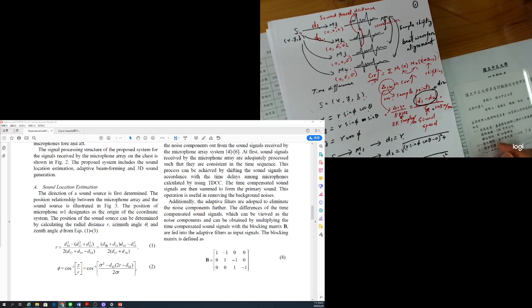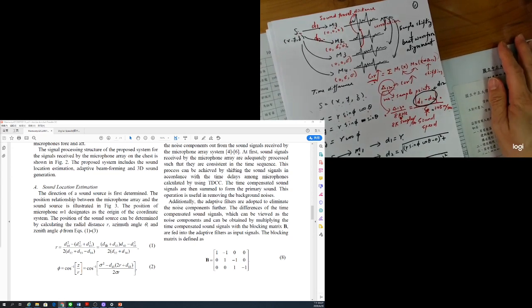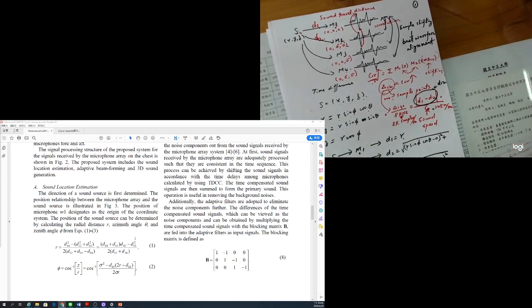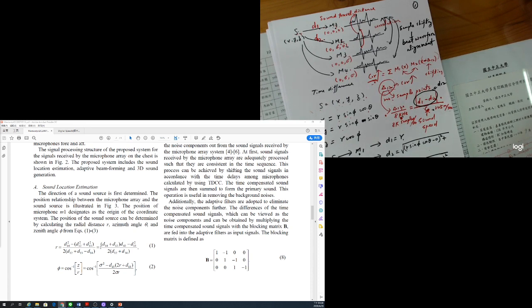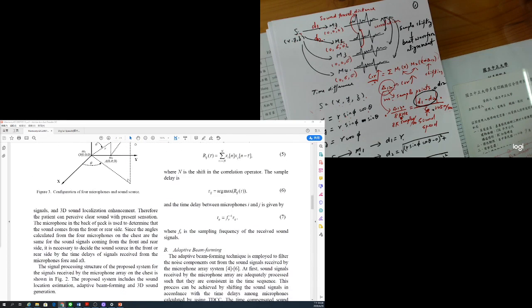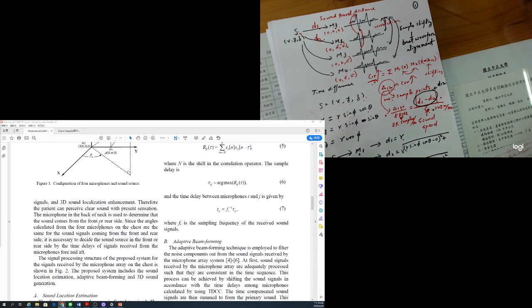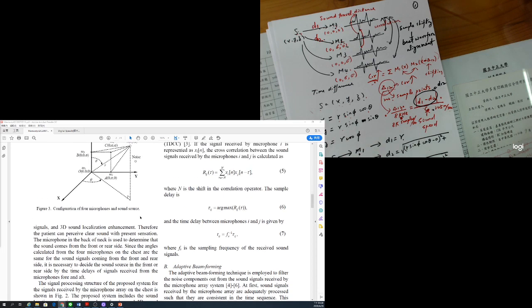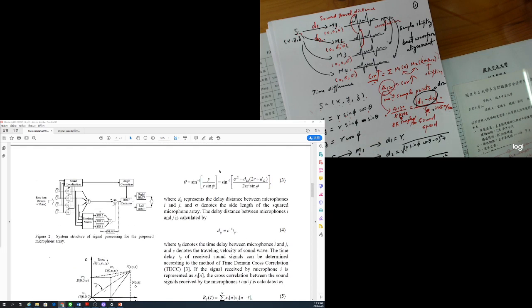However, some symbols could be plus or minus, depending on which is larger, because we assume D1 is bigger than D2, bigger than D3, bigger than D4. With a different assumption, the plus and minus signs would be a little different, but formally the equation could be the same.